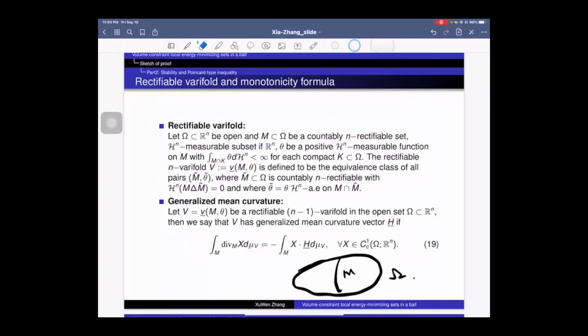Because if M is taken to be a C2 smooth submanifold of omega and has a boundary that lies inside omega, for example, if this is M, then we can decompose X to be the tangential part and normal part with respect to M, and the normal part will give us the mean curvature of M. And for the tangential part, if we use the divergence theorem, we will see a boundary term here.